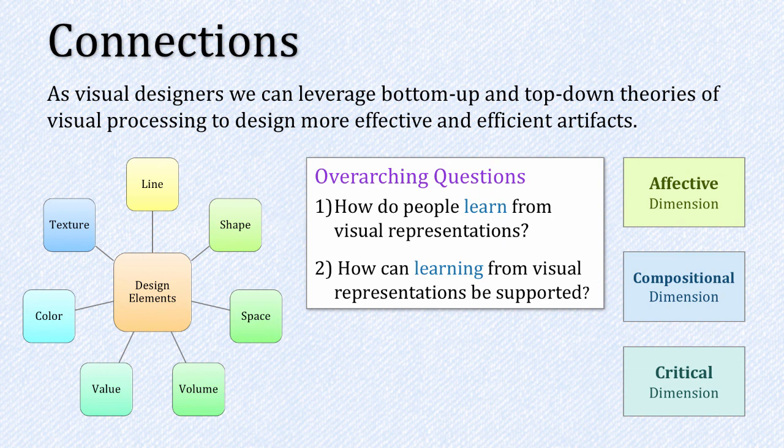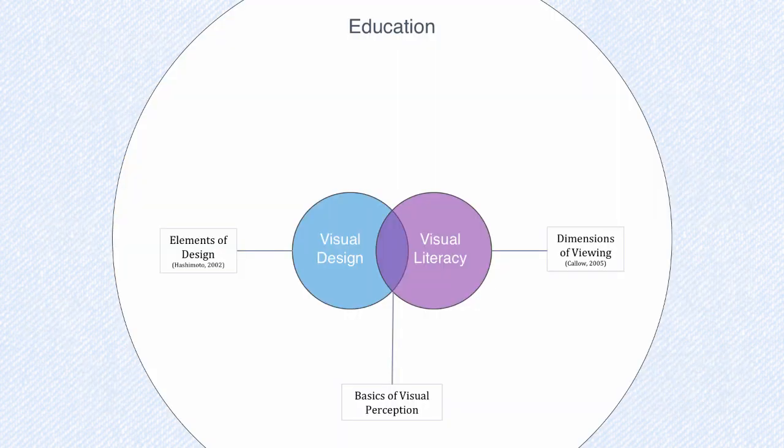How do people learn from visual representations, and how can learning from visual representations be supported? With that, I'll close by stating that over the rest of this semester, we'll be adding more and more knowledge and skills related to the intersection of visual design and visual literacy. In short, we have a lot to look forward to.